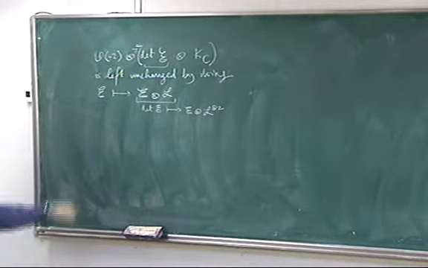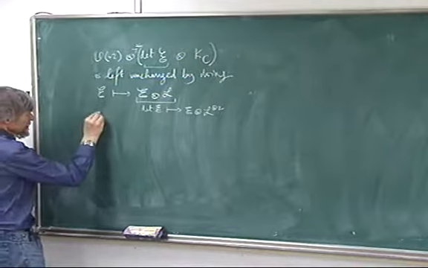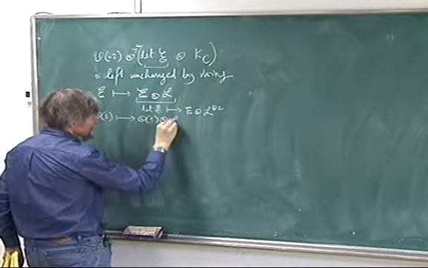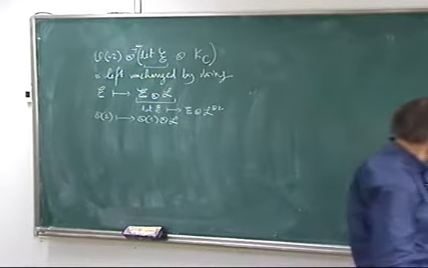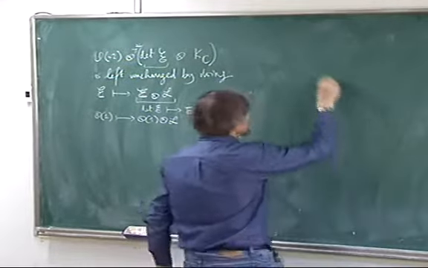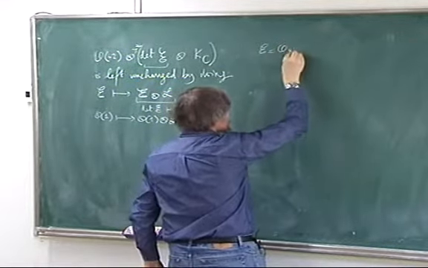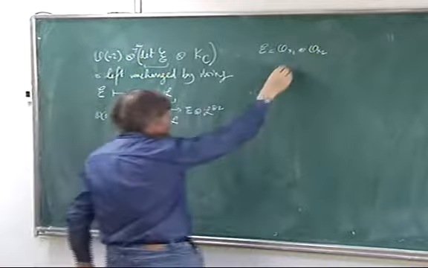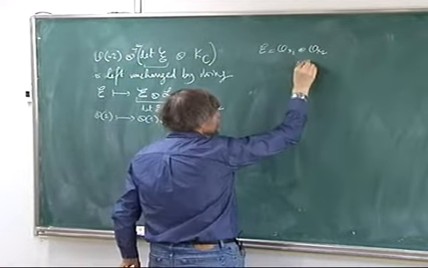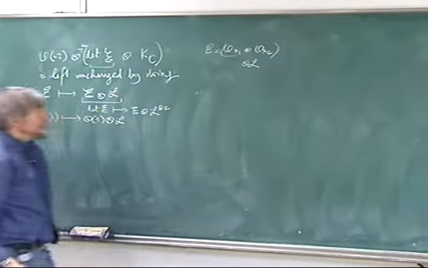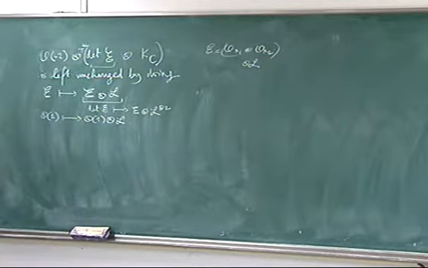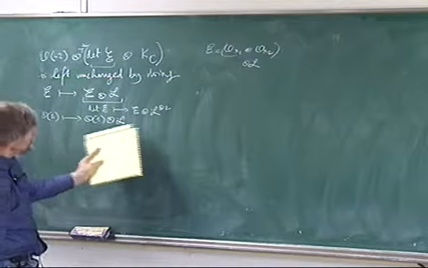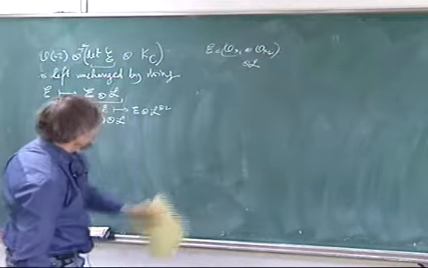I'm multiplying all the elements in a matrix by L, but the O of 1 maps to O of 1 tensor L. Because if you thought about these formulas I had here with E being locally O_X1 plus O_X2, then if I change E by doing this, I'm just tensoring this by L, and that has the effect of just changing the tautological sheaf O of 1, the sheaf where x1 and x2 live, by tensoring it by L.